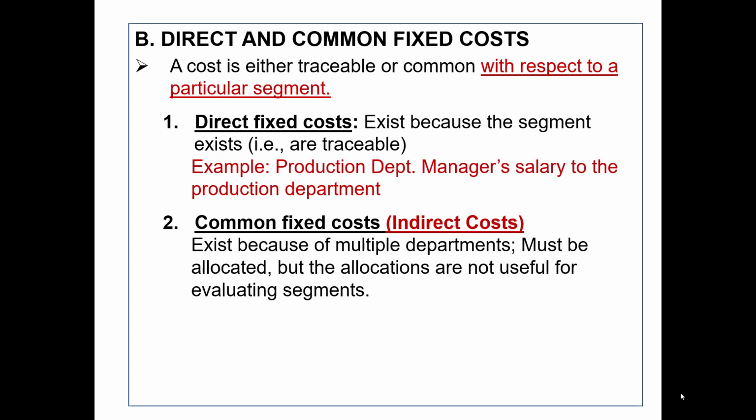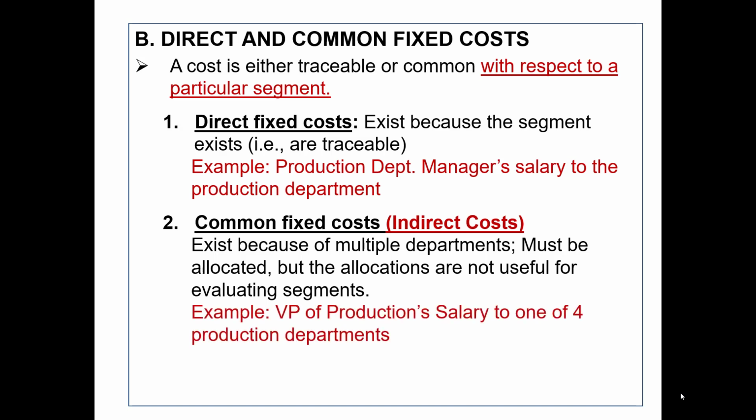But these allocations are really not very useful when you're evaluating the profitability of those segments. An example would be the vice president of production salary to one of 4 production departments. So this manager oversees all 4 departments, and even if you divided that salary by 4, it is not going to be very useful for evaluating the segment.